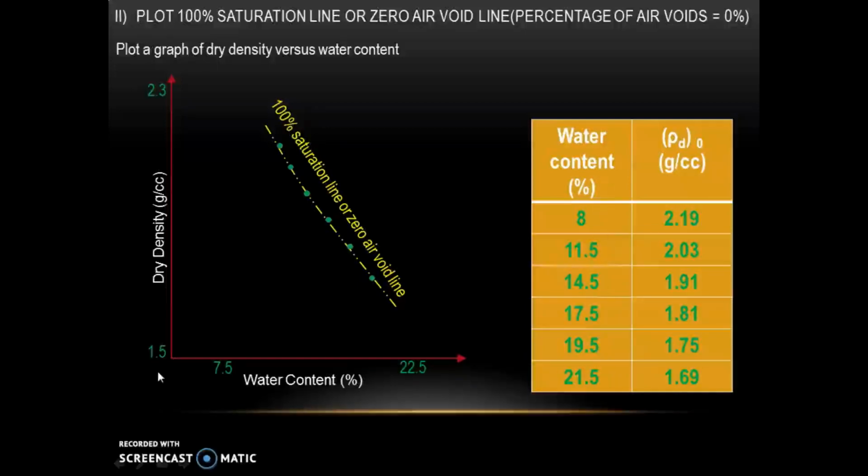We will plot a graph, mark all the values of water content on the x-axis and the values of dry density on the y-axis. For the first trial, that is water content equal to 8%, mark the value of rho d naught which is 2.19. For the second, that is 11.5, the value of rho d naught is 2.03, and so on. Join all these points to get the 100% saturation line, which is also called the zero air void line.